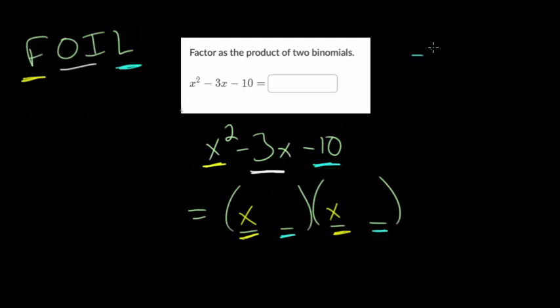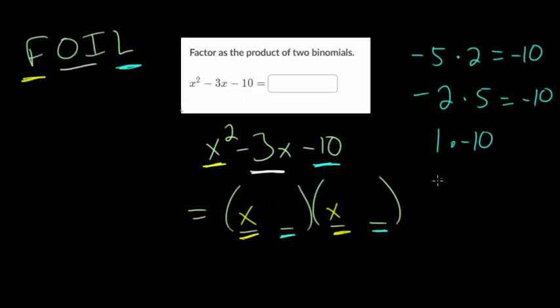We could have minus 5 times 2, we could have negative 2 times 5, but we could also have 1 and negative 10, or negative 1 and 10. These are all the different pairs of numbers that can multiply to give us negative 10. The numbers that go in each of these slots are one of these combinations.